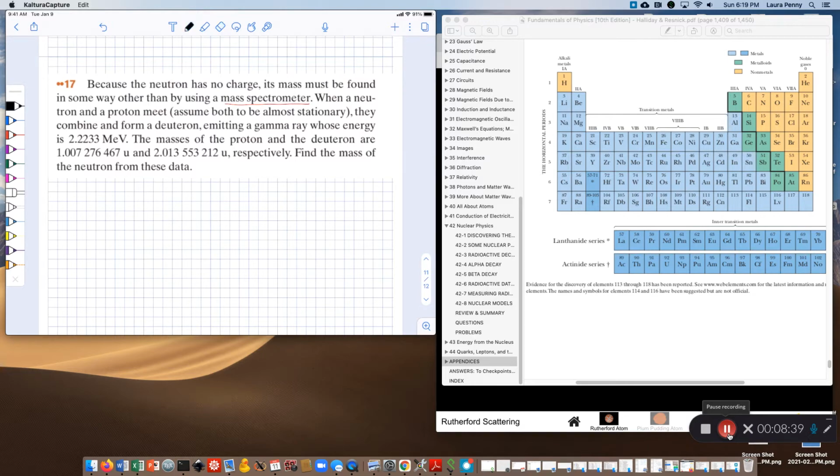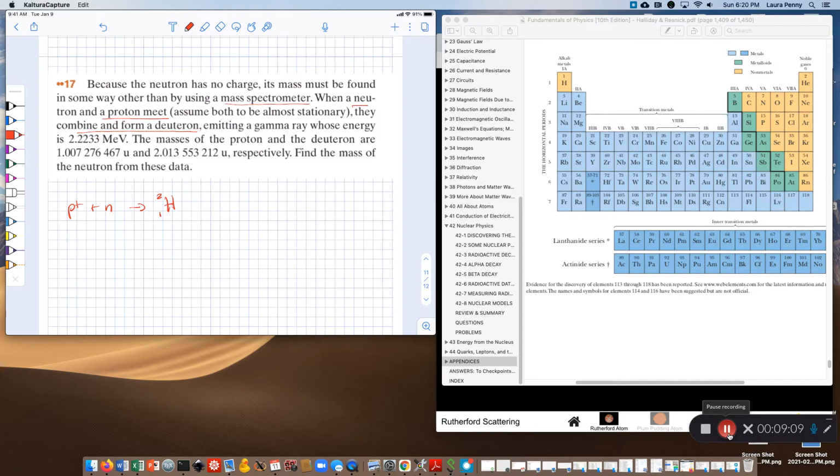So the way you can figure out the mass of a neutron is to have a neutron and a proton meet, and then they form, because of the strong nuclear force, a deuteron. You have a proton and a neutron, and they meet up and produce this.